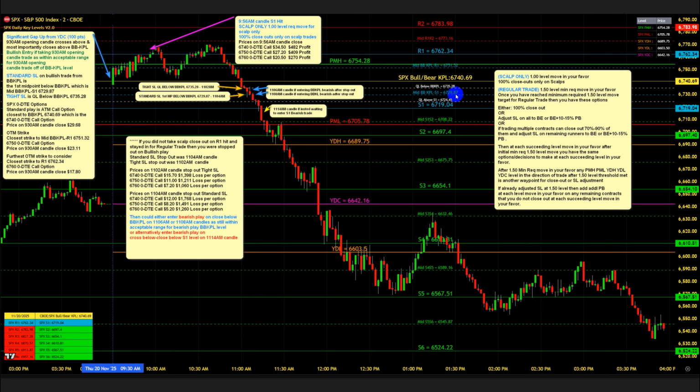So your first out of the money strike on a bearish play would be the 67.30 put, and then the furthest out of the money strike on a bearish play would be the full level down, 67.19.04, and that would be the 67.20 put.